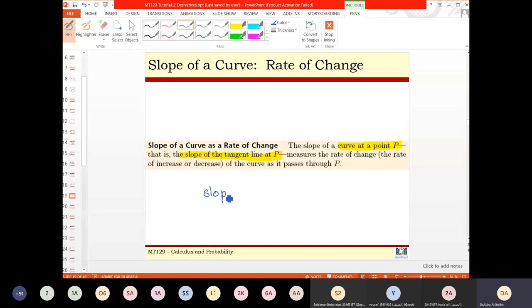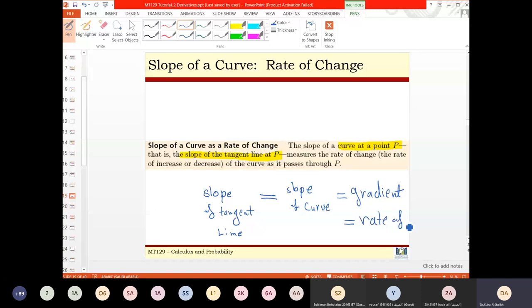عندنا كلمة slope of a tangent line، نفسها slope of a curve، نفسها when we say we want the gradient، نفسها لما أقول أبغى the rate of change.